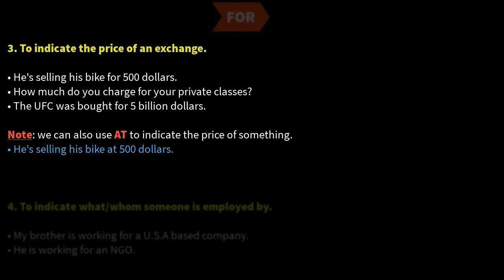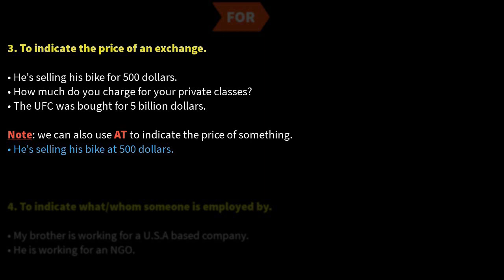Usage number 3, to indicate the price of something. Alright, very, very simple. When you want to talk about the price of a thing, of an object, simply use for that. He is selling his bike for $500. He is selling his bike in exchange for $500. You give him the money, he'll give you the bike.